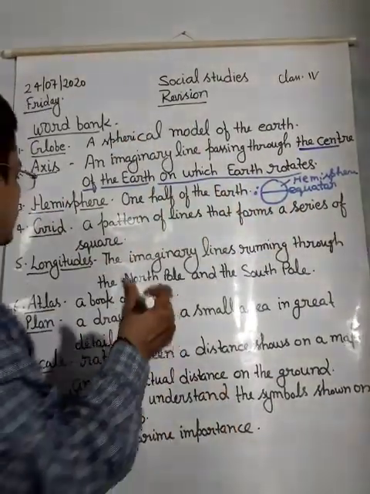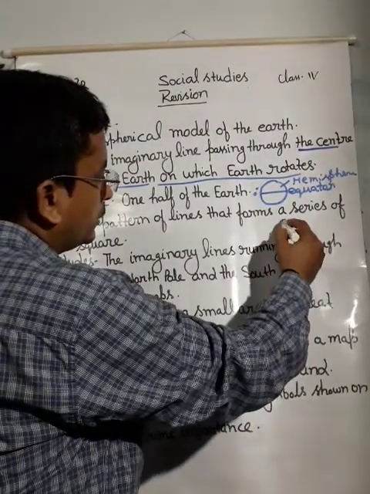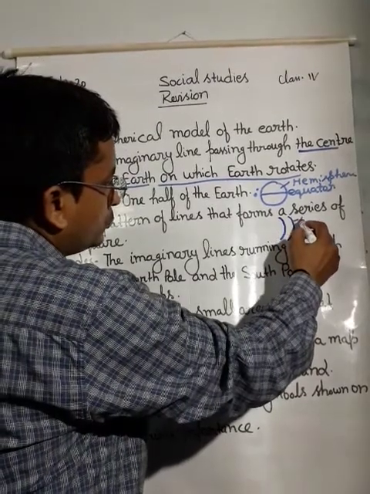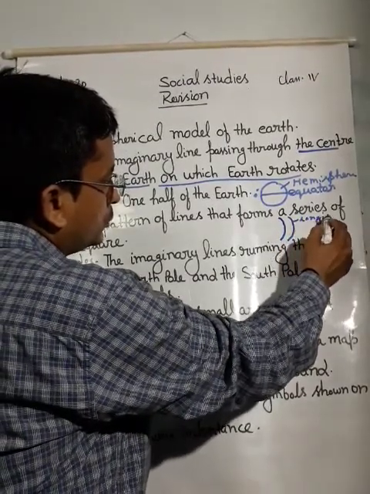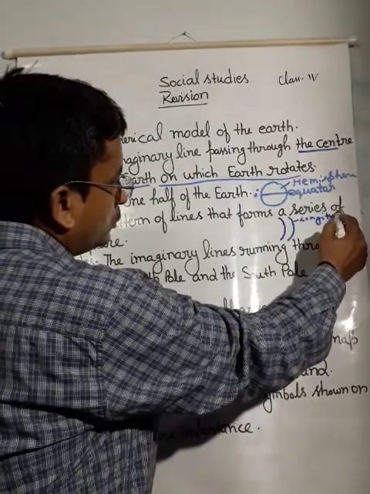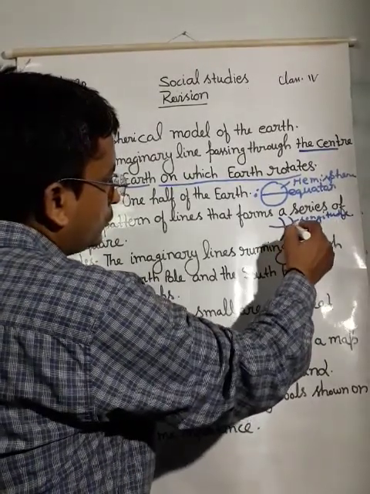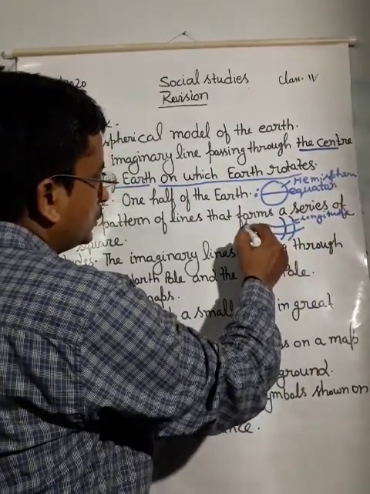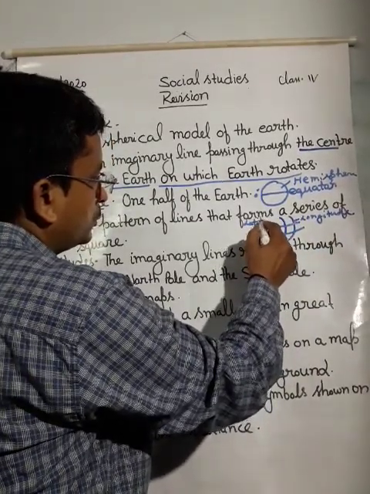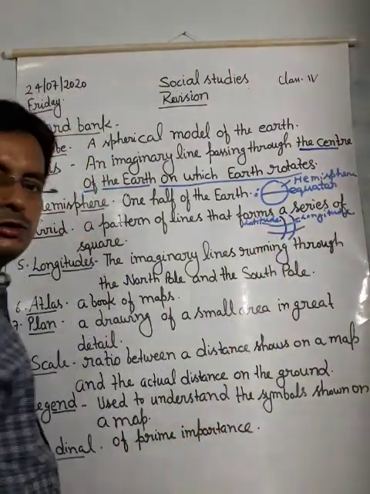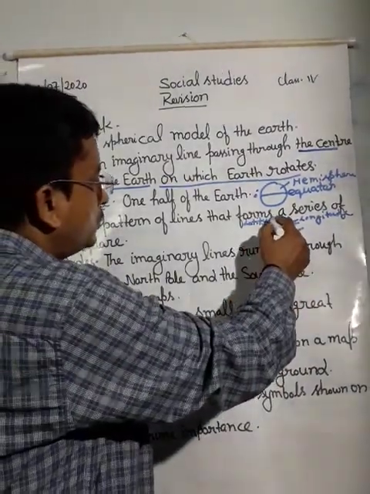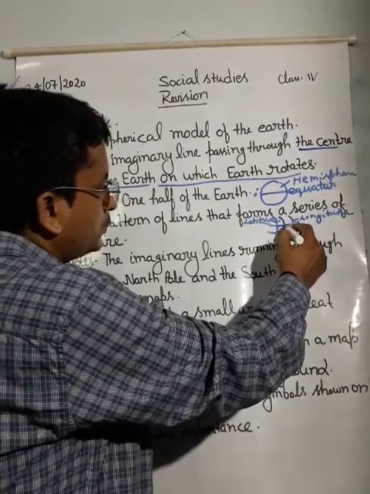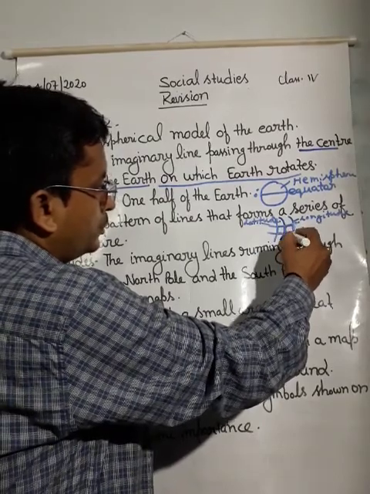You can see here, what is a grid? Just suppose, my dear students, this is longitude, and this one is latitude. Longitude and latitude make a series of squares, this shape.